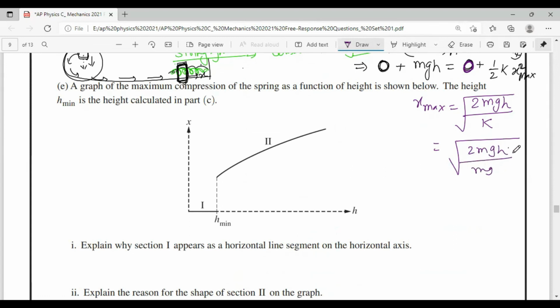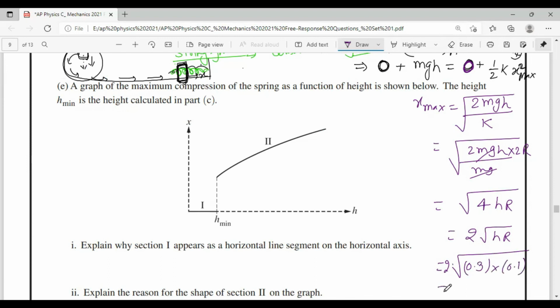So 2r will go to the upper side and this mg will cancel out. So we will get 4hr, that is equal to 2 under root h into r. We will calculate this: h is 0.3, r is given as 0.1. After calculating this, we will get 0.35 meters.